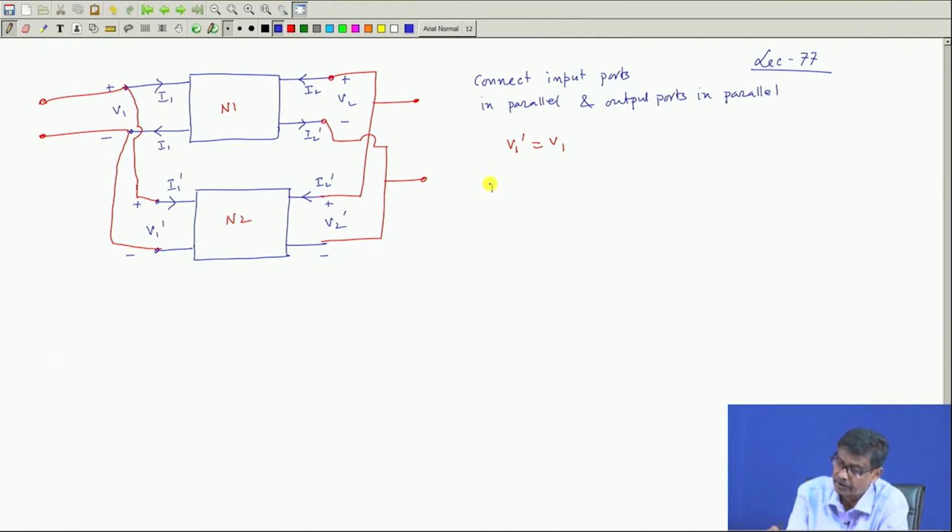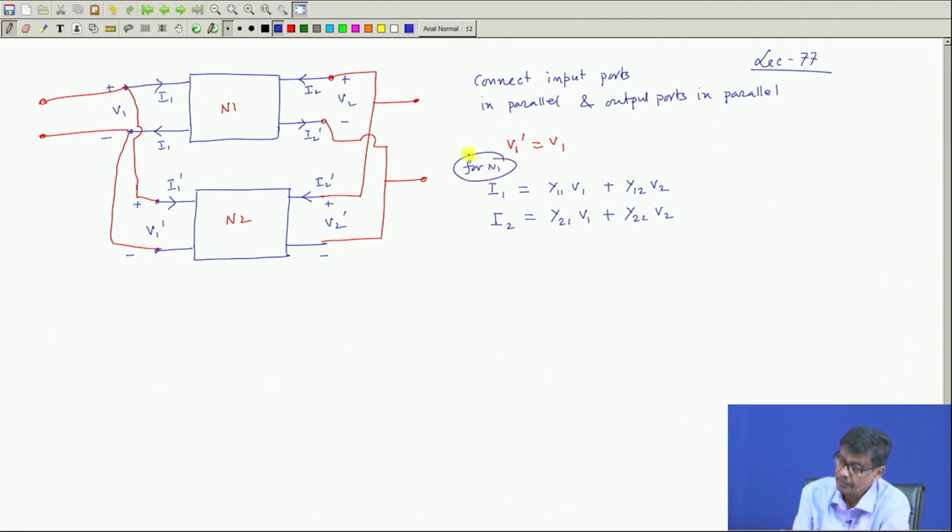For this two-port network, I1 is equal to y11 V1 plus y12 V2, and I2 is equal to y21 V1 plus y22 into V2. These are the basic equations for network 1.